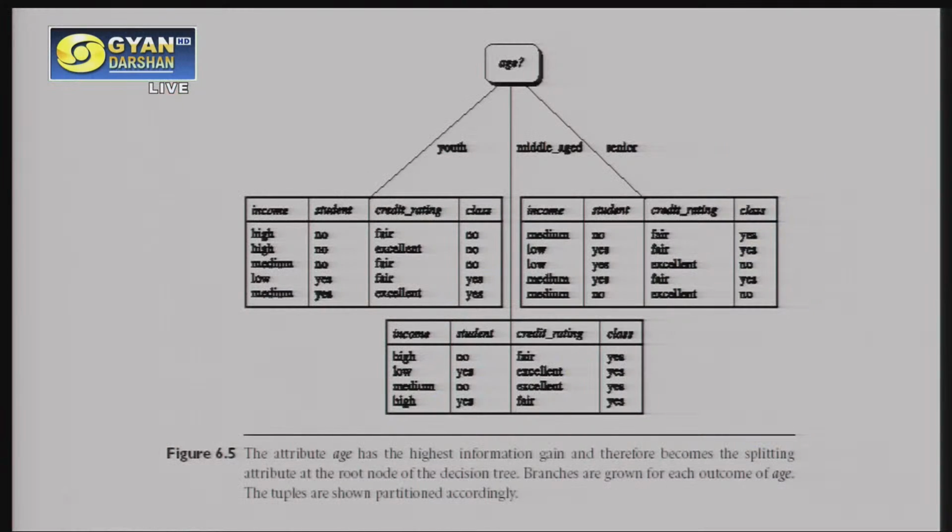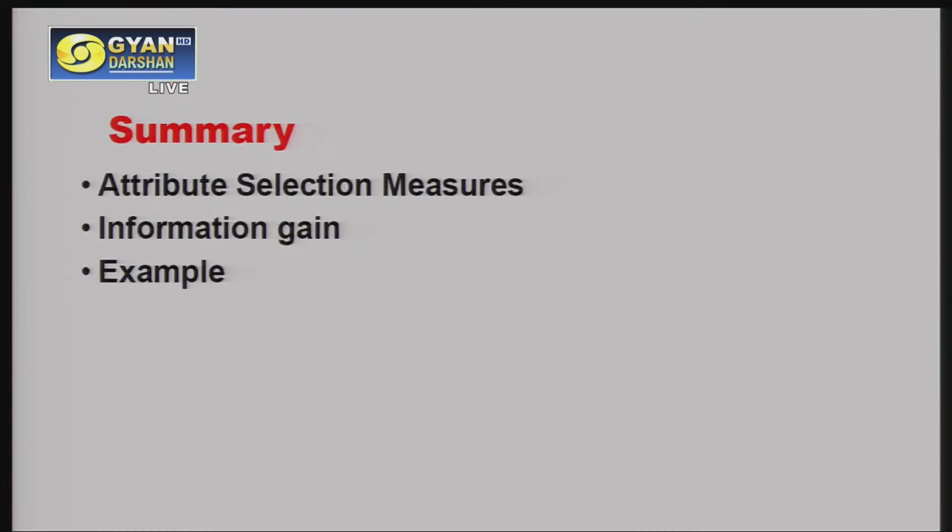So you have a root node, then a sub node, and further you reach different values until you get the final leaf node. This is how decision trees are formed. I hope you understand how attribute selection measures are used for building decision trees.